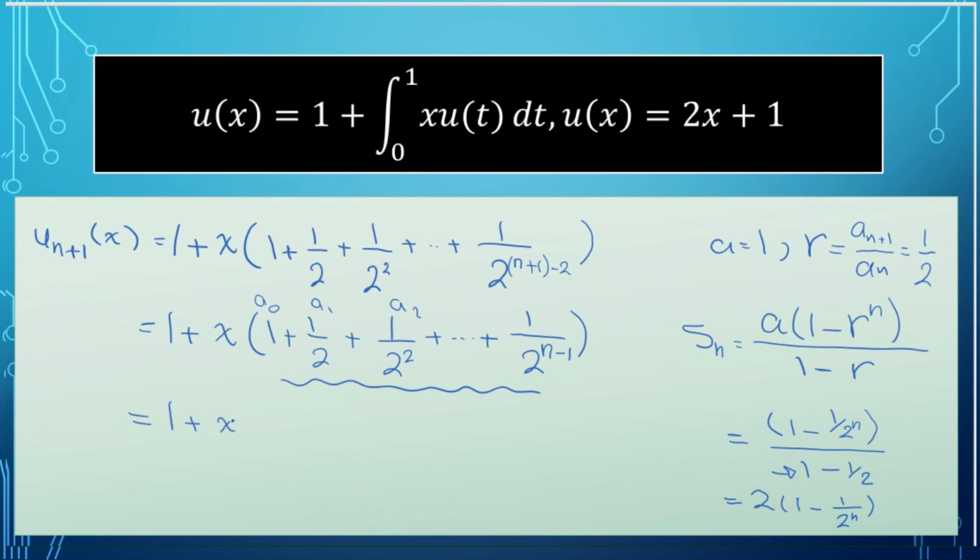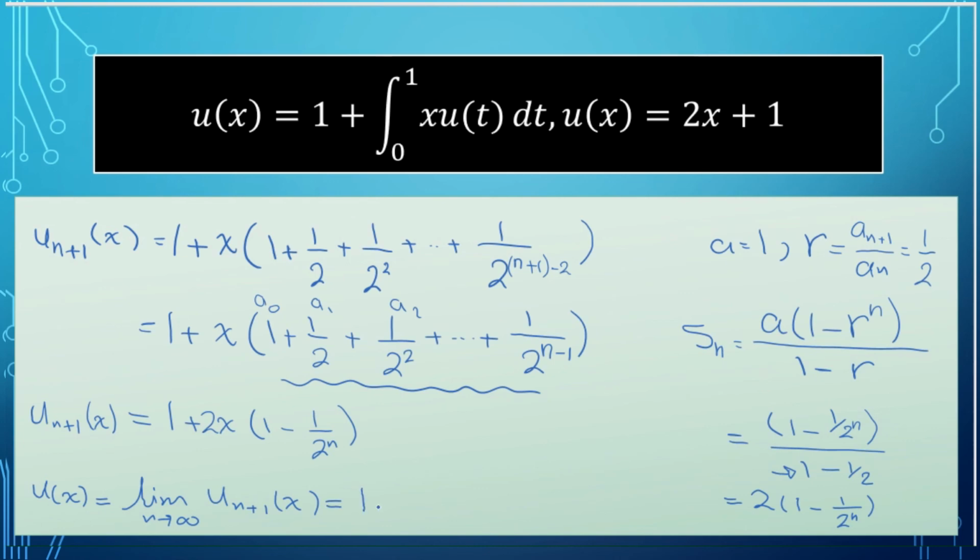Okay, so we can write this here down. 1 plus x, and there is 2 here, so 2x, 1 minus 1 over 2 raised to n. Now we will take the limit for both sides when n approaches infinity to get the ux. So ux will be equal to limit n approaches infinity for un plus 1 of x.